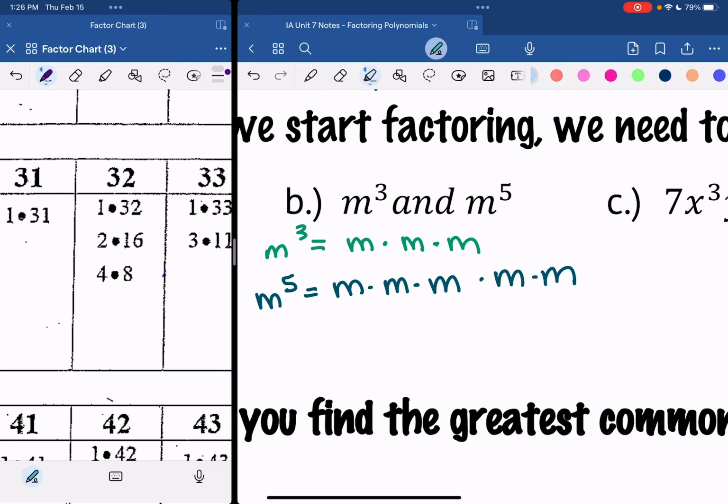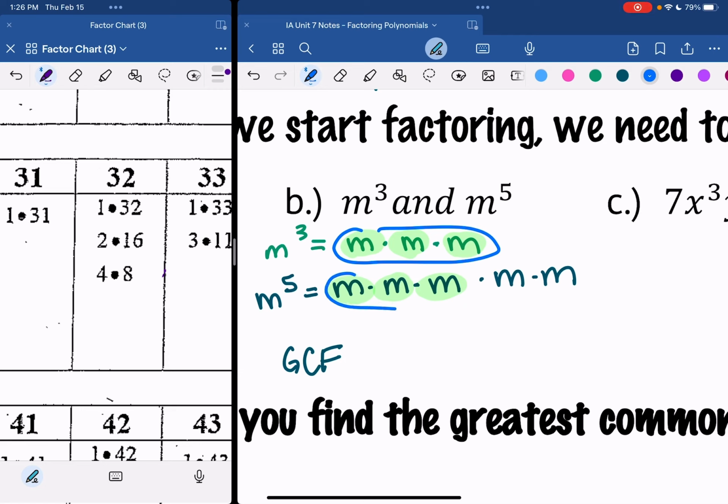Now, the greatest common factor with variables is what they share. They both have 1 m, they both have 2 m's, they both have 3 m's. So our greatest common factor is what they share, m cubed.